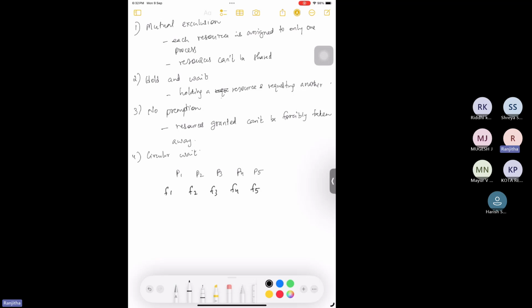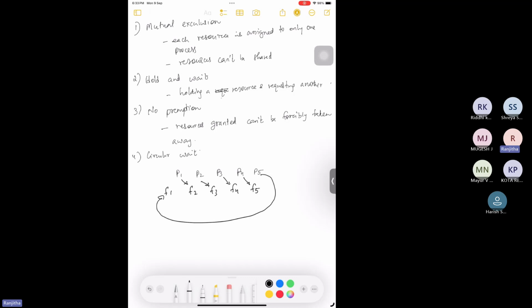Here P1 is waiting for F2, P2 is waiting for F3, P3 is waiting for F4, P4 is waiting for F5, and P5 is waiting for F1. This kind of situation is called a circular wait. There must be a circular chain of two or more processes, each of them waiting for a resource held by the other.